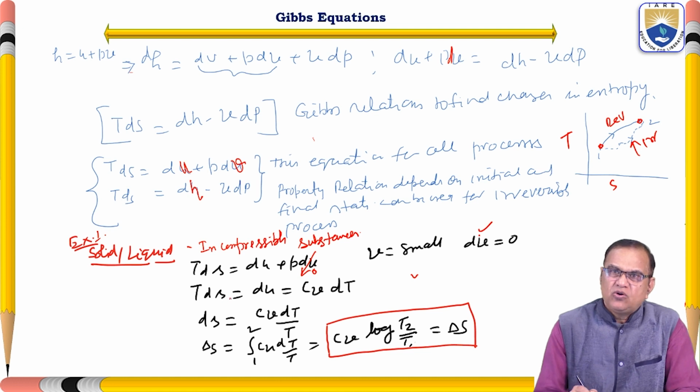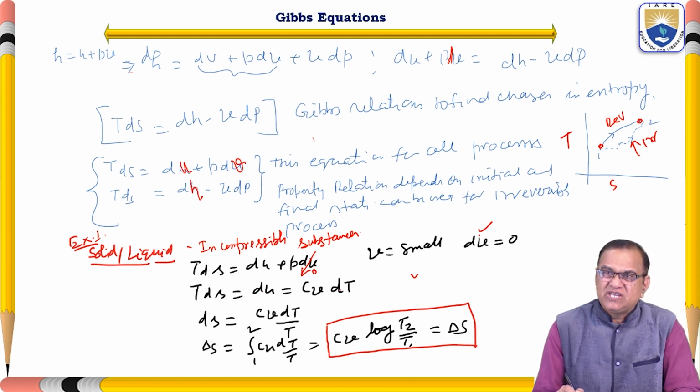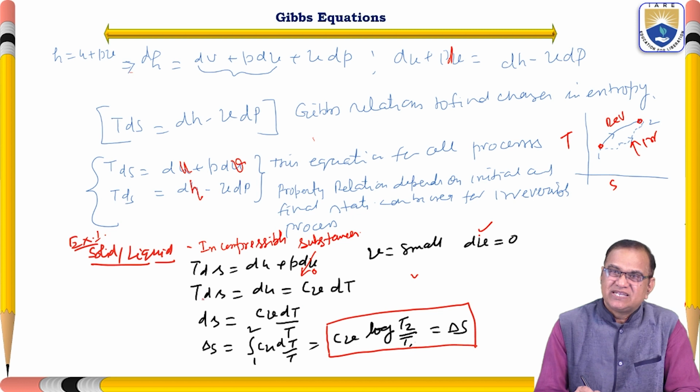So du is equal to Cv dT, and so dS is equal to Cv dT by T. Now you integrate this.